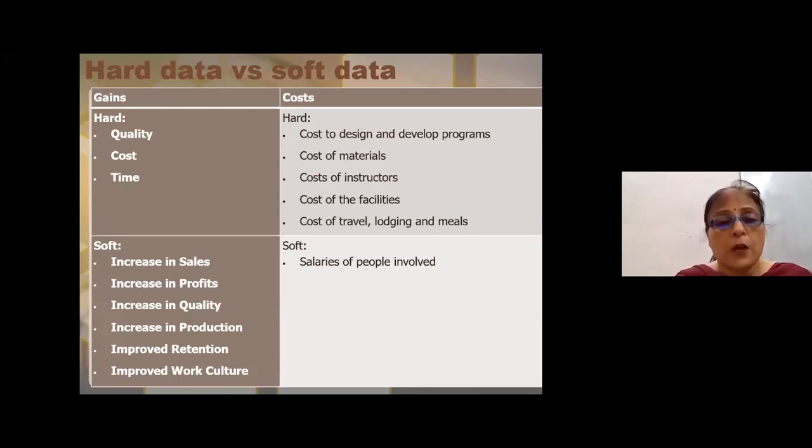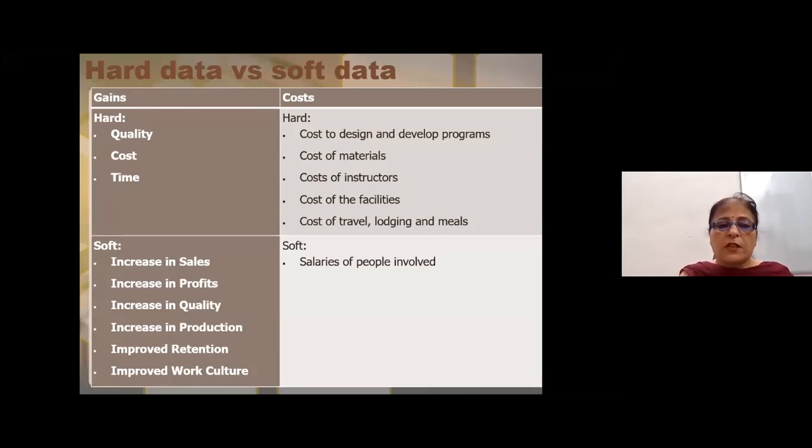In cost, the hard data would be the cost to design and develop programs, because you have paid money for that, so you can easily get that data. Cost of materials, costs of instructors, cost of facilities, cost of travel, lodging and meals. These are all factual.